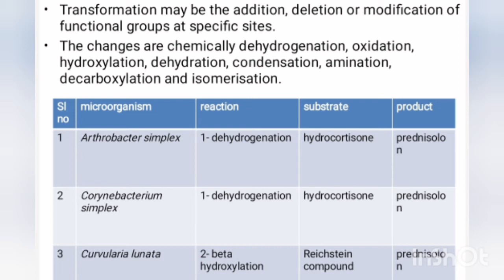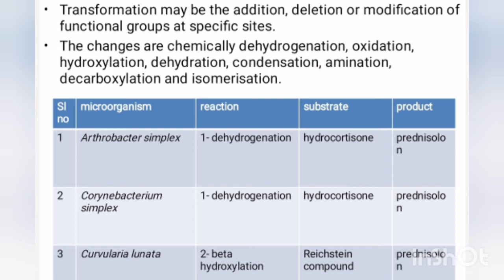Arthrobacter simplex can convert the precursor steroid, that is hydrocortisone, into prednisolone by one dehydrogenation reaction. Another example, Corynebacterium simplex can convert hydrocortisone to prednisolone through one dehydrogenation reaction.